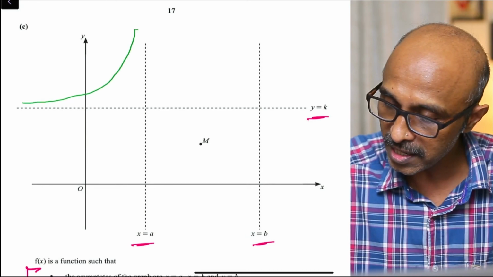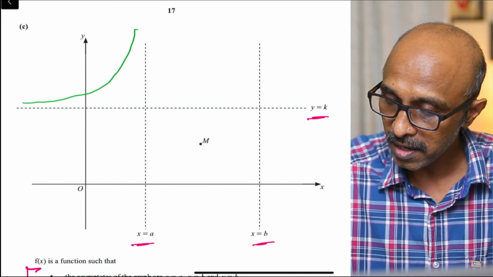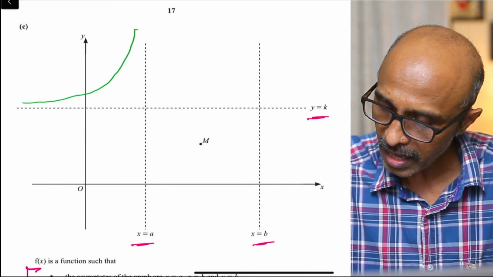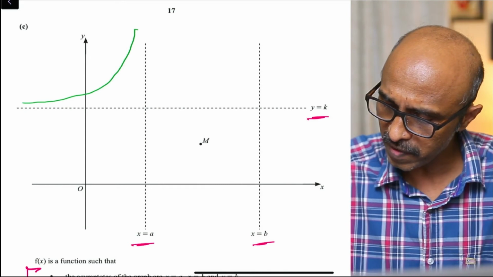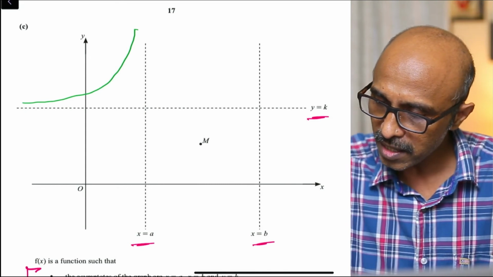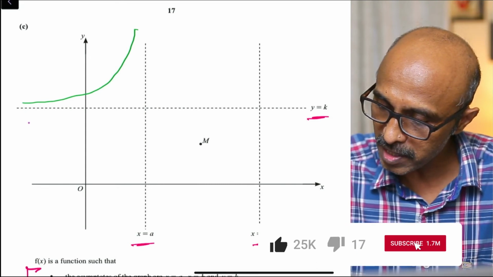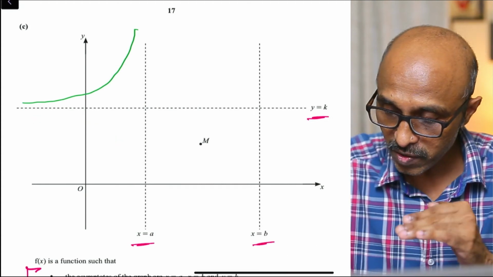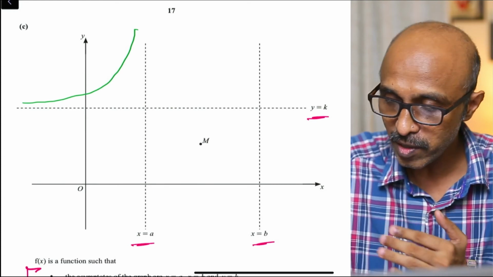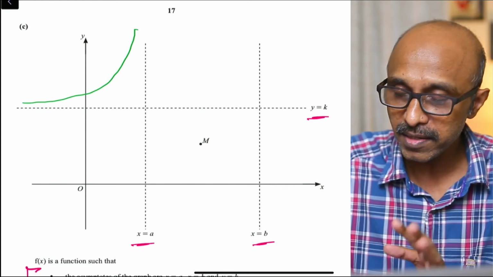And so the condition that it is increasing, can you guys see? It's increasing and satisfies the condition of the horizontal and the vertical asymptote. It can't be this other shape, which I'm going to draw and show to you. It can't be this one because then it will be decreasing, right? So it has to be increasing, and it has to increase from there, otherwise it will be crossing, as I said. So for that part, that's good.